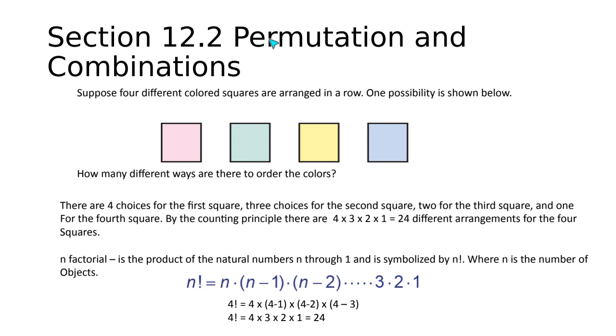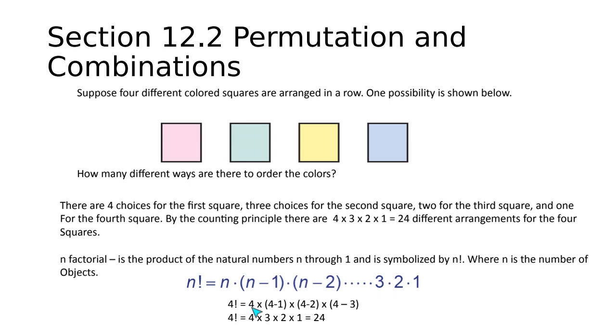So before we talk about permutations and combinations, we want to talk about factorial. So n factorial is just the product of the natural numbers from n through 1, where n is the number of objects. So if you look at this example here, you have 4 colored squares, so your n would be 4. Then the formula for n factorial, you would start with the n.